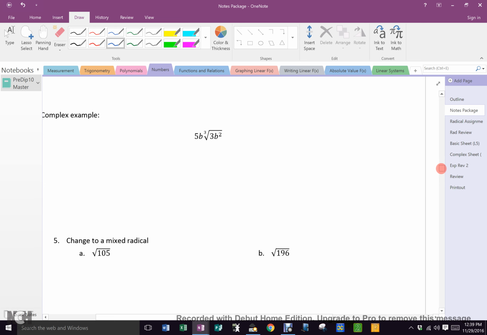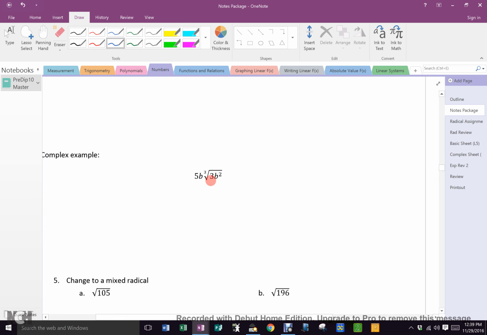But as always, we come to a complex example. What does this mean, do you think? Again, what does it mean? And then see if we can devise a shortcut. If there is a 5 out here and it's a cube root, what was under there? 5 cubed, right? If there's a b out there and it was a cubed root, what was under there? B cubed, right?